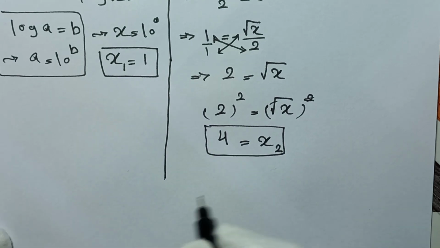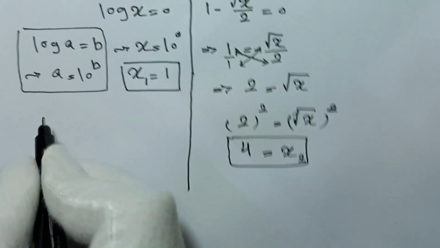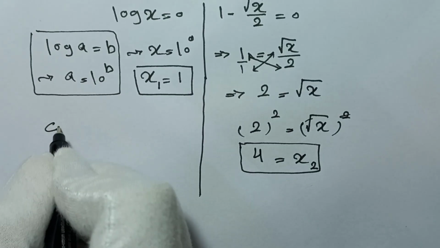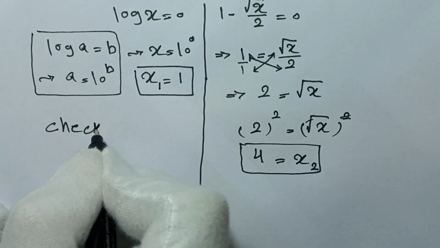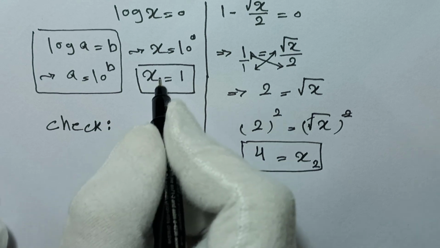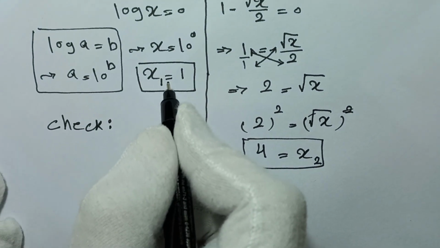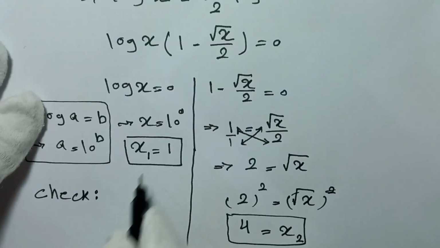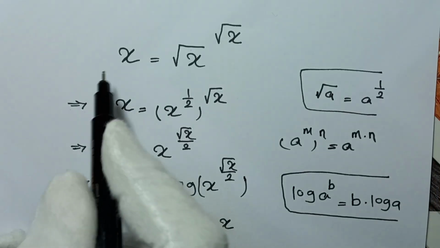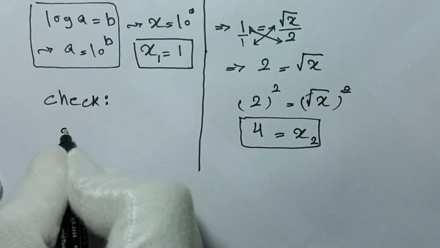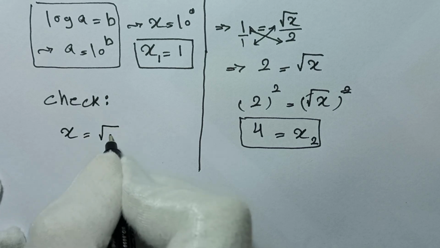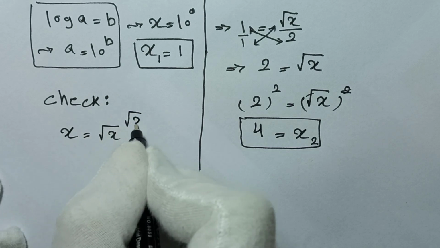And next step, we check if our answer is correct. So we check for x1 equals 1. Our problem is x equals square root of x to the power of square root of x.